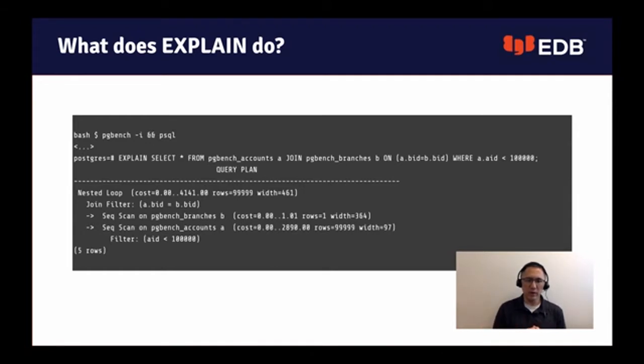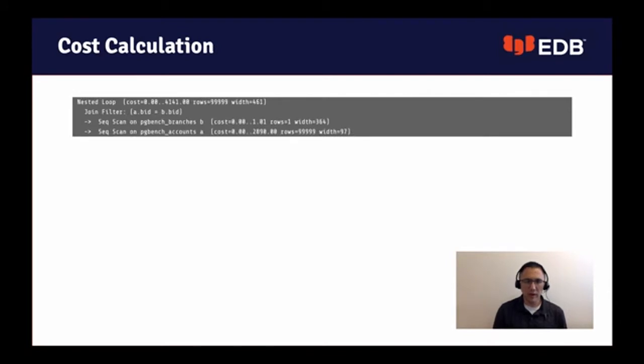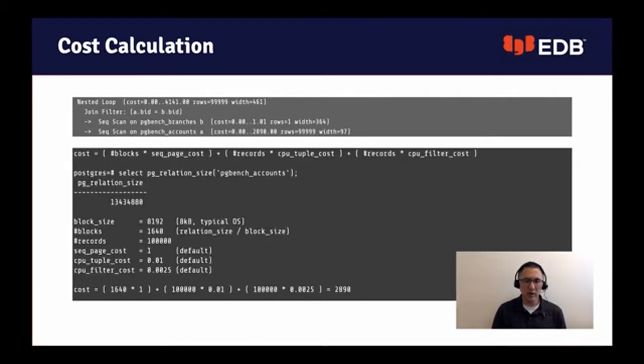So now you might be wondering, where does this 2890 come from? Here's that query plan again, and here's the cost breakdown. The cost is calculated as the number of blocks on disk times the sequential page cost, the cost it takes to scan that table and all the blocks in it, plus the number of records times the cost for the CPU to read that tuple.